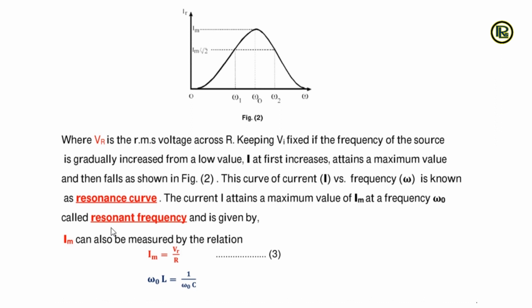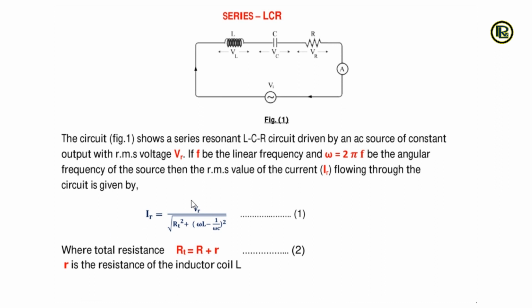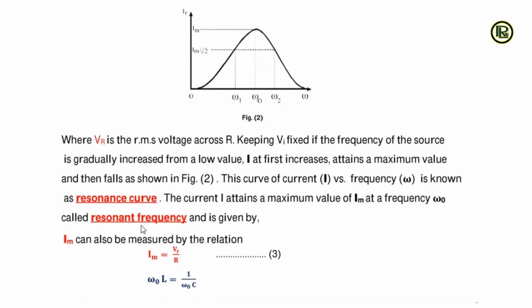If I go back to the slide once again, this curve shows the maximum current is obtained when the frequency of the source becomes omega 0. This is called the resonance frequency.